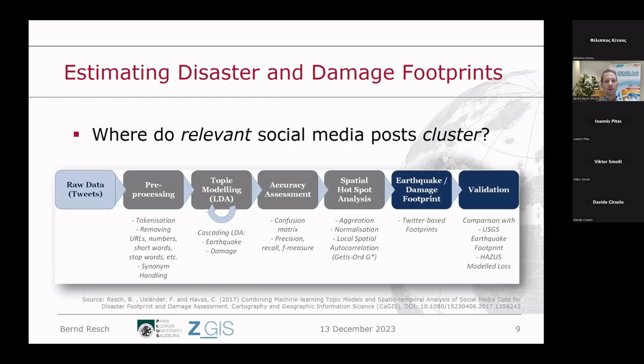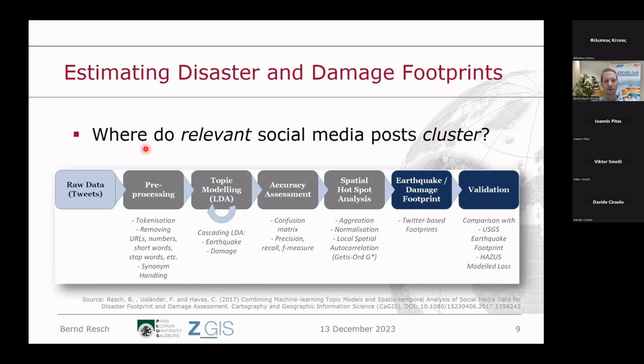Good. So what's our main workflow of our analysis? I'm just going to generalize this here, and we can go into more detail as needed and desired during the Q&A session. So our general question is, where do relevant social media posts cluster?